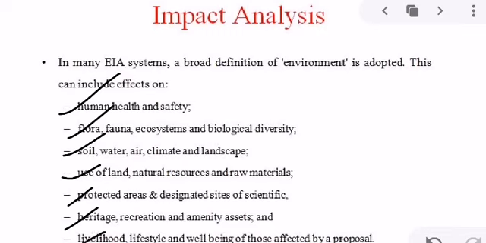So this all comes under the definition of environment according to EIA in many EIA systems. So depending on the EIA system, some or all of these impacts may require analysis and evaluation. Often, however, health, social, and other non biophysical impacts are either not considered or inadequately addressed.